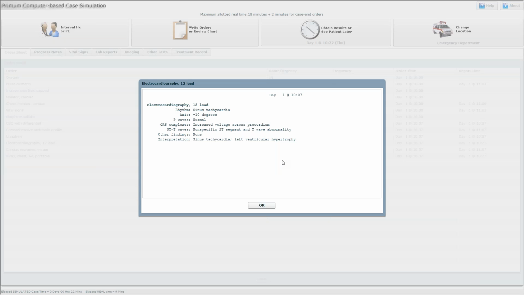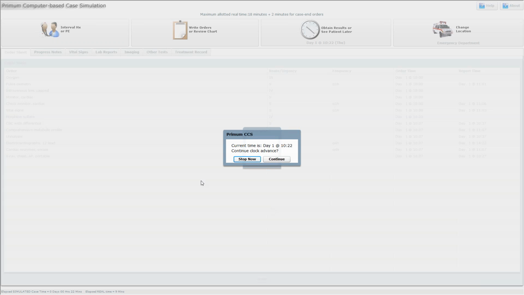EKG has come back. Sinus tachycardia, no ST elevations, non-specific abnormalities. Again, stop now or continue. Why? If the EKG showed ST elevation myocardial infarction, do I still need a chest X-ray? Not really. I wanted the chest X-ray because I'm thinking about aortic dissection, a bit higher in probability.